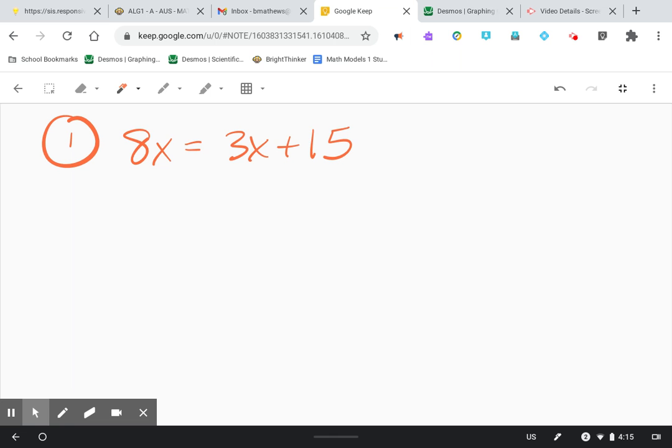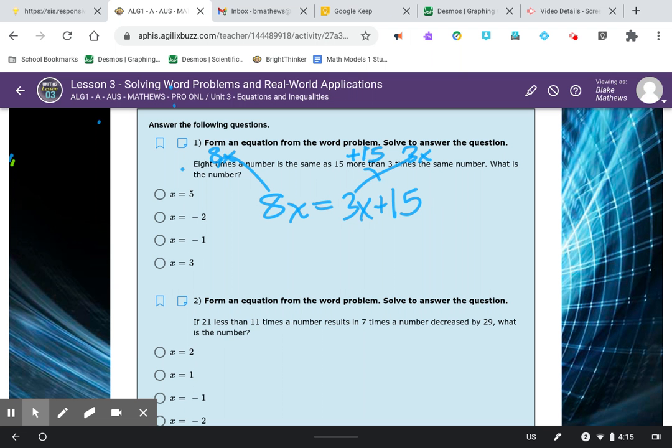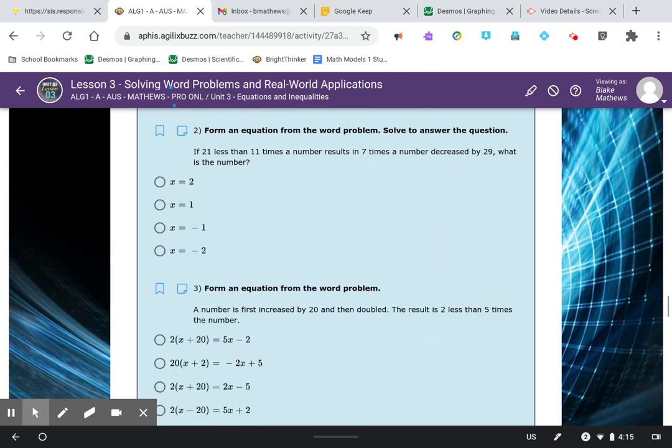This is pretty much how we're going to go through this, so I'm going to just keep writing these down in the same note here. Again, form an equation from the word problem. If 21 less than, that means minus 21. 11 times a number is going to be 11x, results in equals 7 times a number, that's again x, decreased by 29.